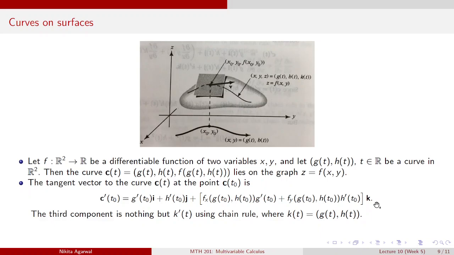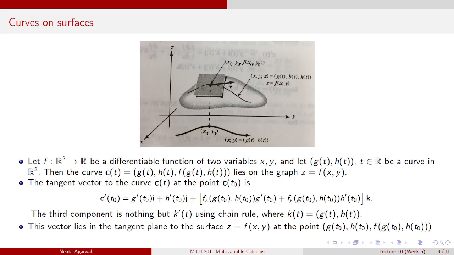That's the last component. So the third component is nothing but k prime of t using the chain rule, where k(t) is equal to this function. This you have already seen when we talked about the chain rule.